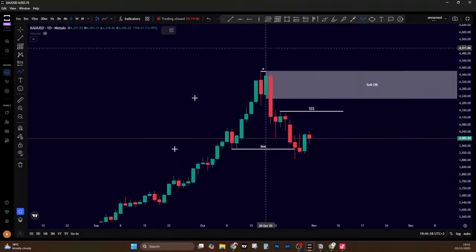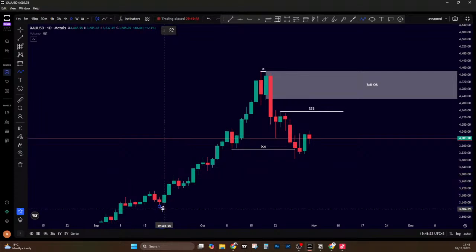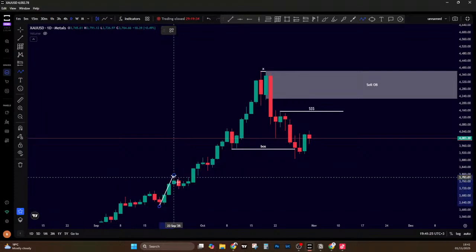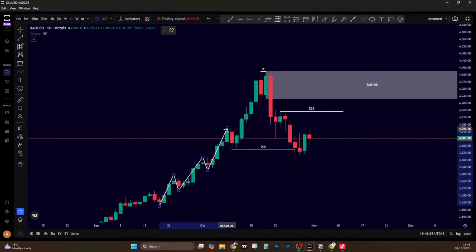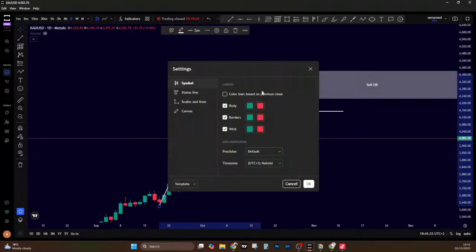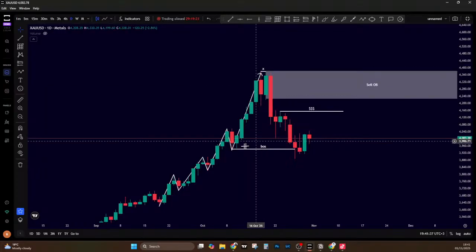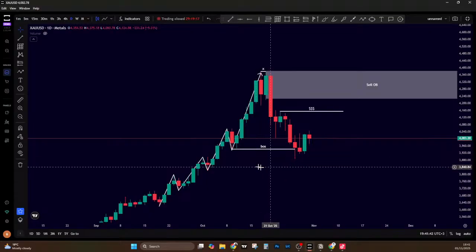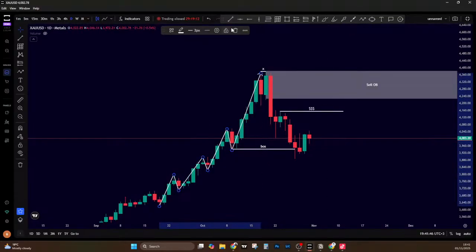If this is what we were doing, we are printing lower lows, higher lows, higher highs, higher lows, higher highs, higher low, higher high.